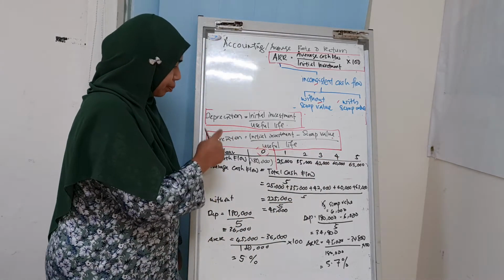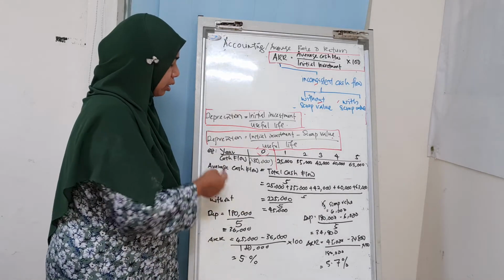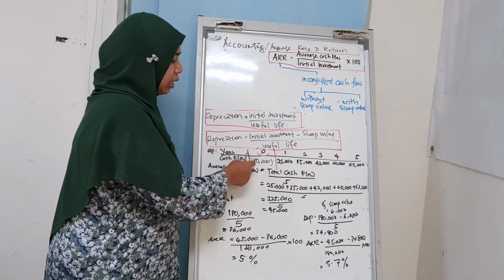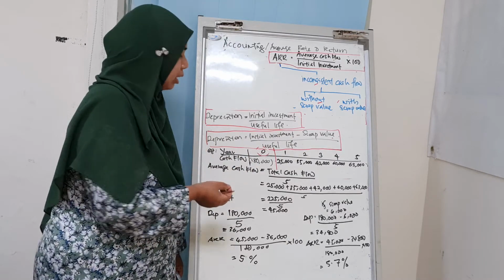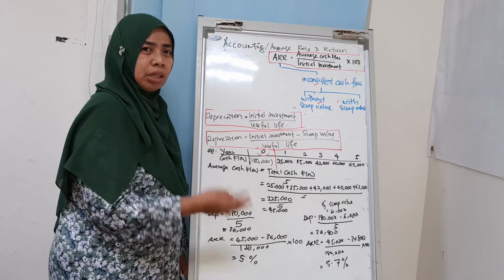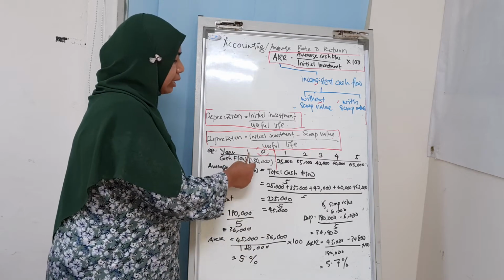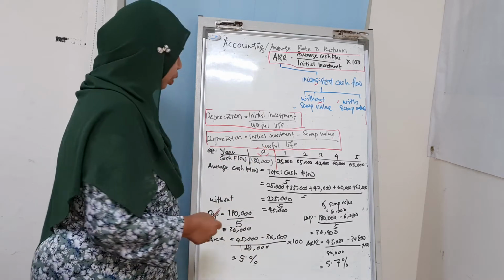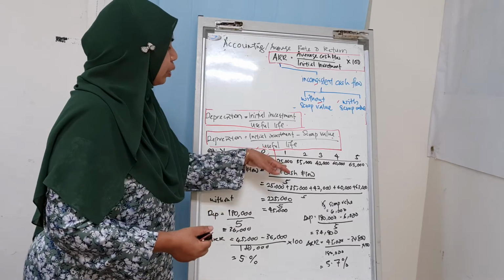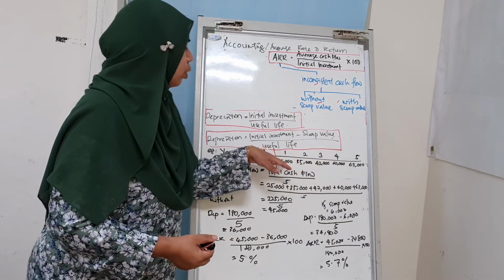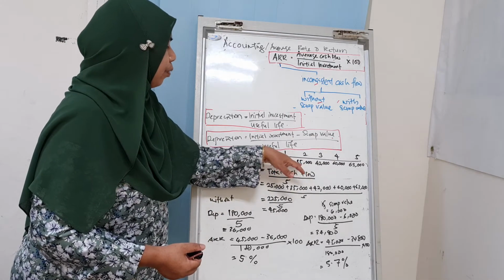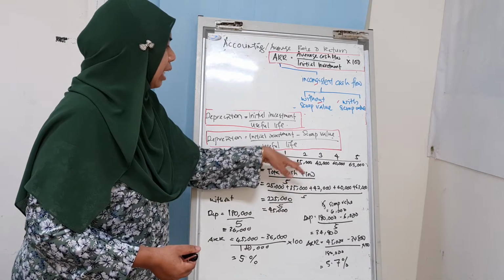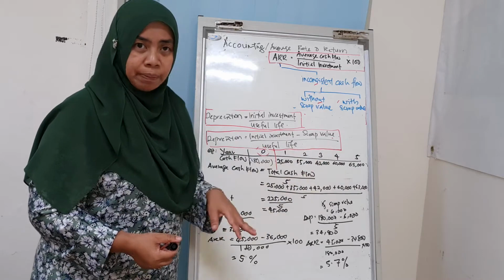In this question, the initial investment that the investor or company gives for the project is 180,000, right? So when you look at this question, we find that the cash flow is not constant, right?